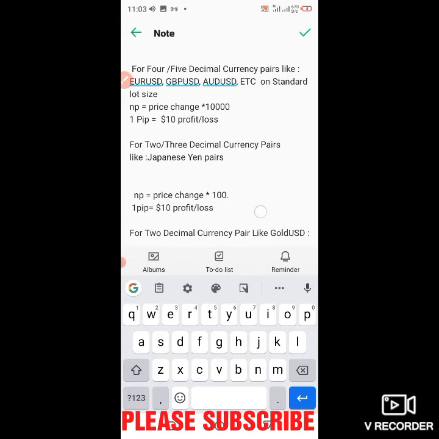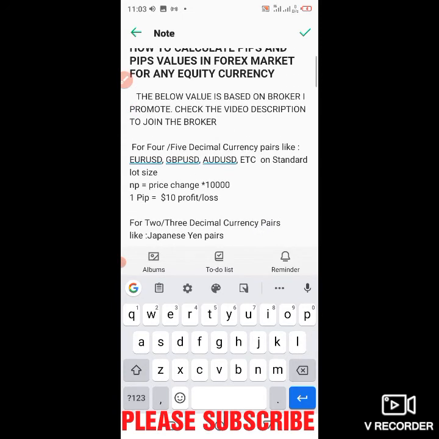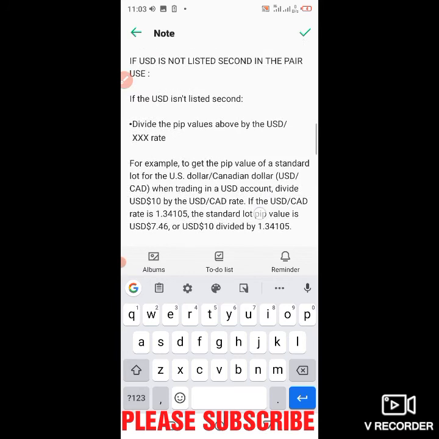Then if the decimal place is 4 or 5, the number of pips will be price change times 10,000, and the pip value will just be 10. It will no longer be $10, it will be 10 euro. That's why I call them fixed. Just the number, we'll be using those numbers.